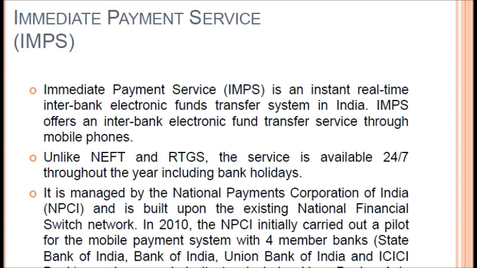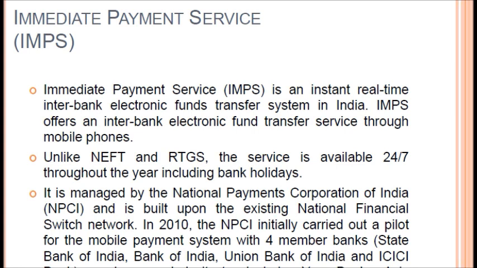But I am also using IMPS services on my mobile phone through the Axis Bank app. They are charging 5 rupees for larger amounts and 2.5 rupees for smaller amounts of fund transfer using IMPS services. Getting the point?